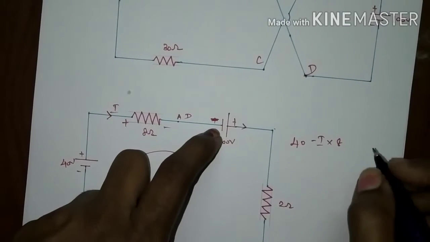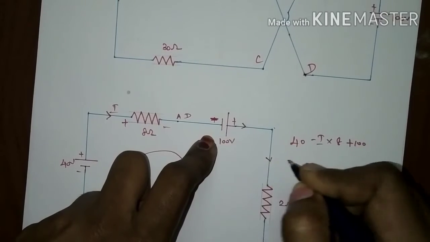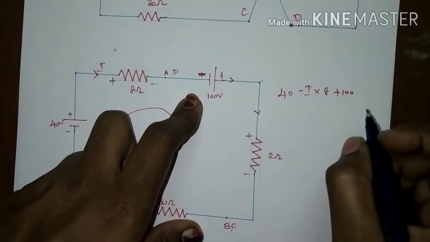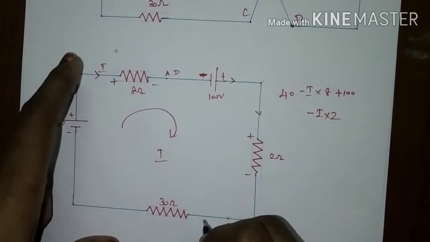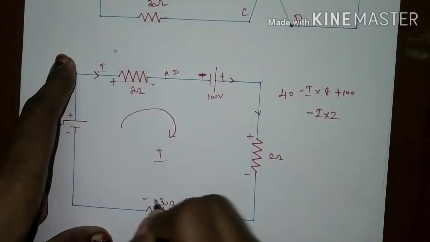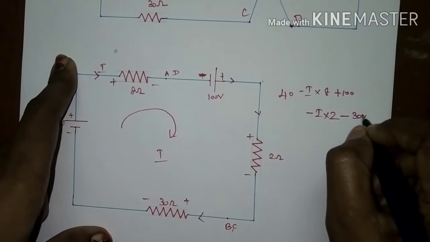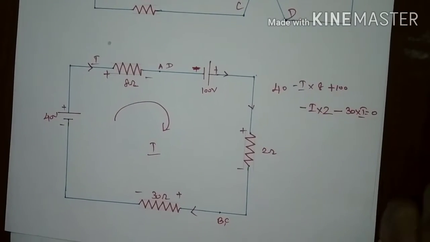At the positive terminal the current is leaving, so it is a potential rise. I represent it as positive 100. The current enters the 2 ohm resistor and produces a drop, so minus I into 2. Again it flows through the resistance and produces a potential drop, minus 30 into I, equal to 0.